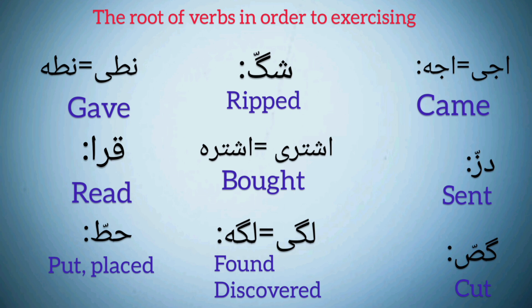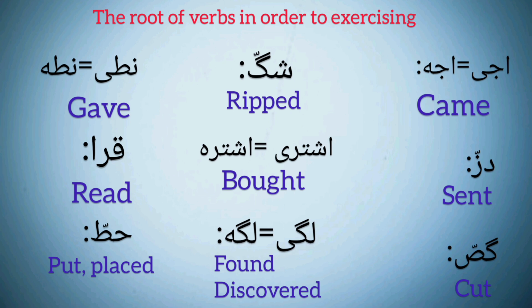The last vowel, we have to read twice. Shag basically means ripped or torn. Ishtara. It's written ishtari, but we have to read it ishtara. It basically means he bought. It's the past tense of buying.